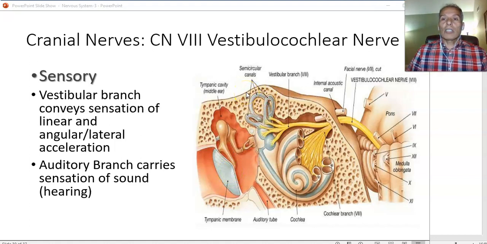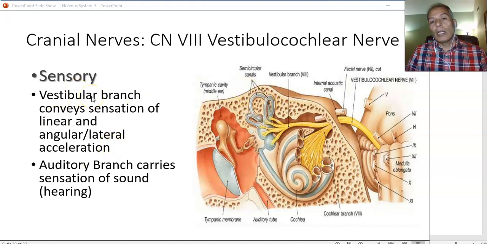Then we have the vestibulocochlear nerve that we discussed extensively when we discussed the auditory central nervous system. So here you have the inner ear, including the vestibular part, and this you have the cochlear part.